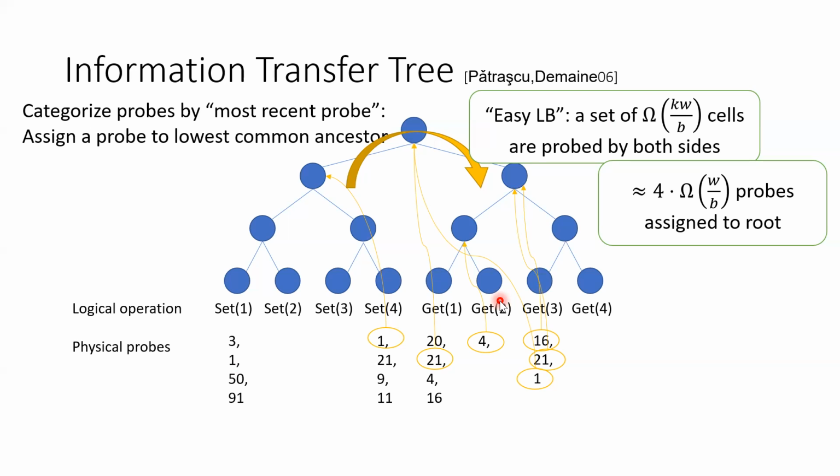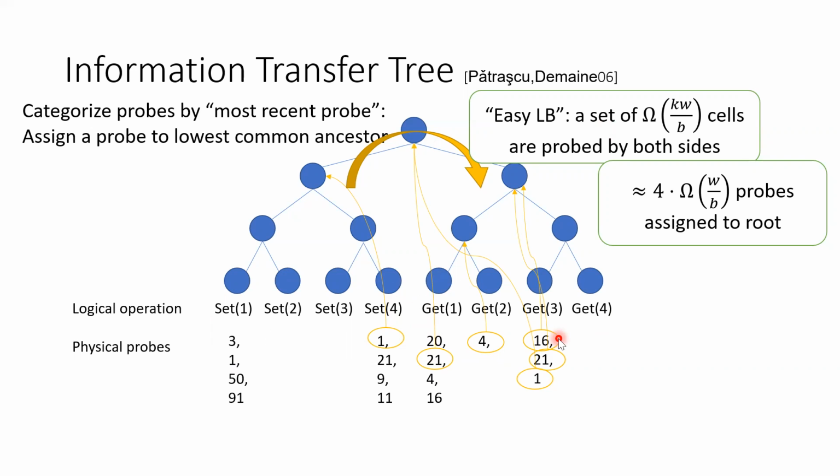So here we don't really look at the probes assigned to other nodes. We just look at the probes assigned to the root. And this number of assignments to the root has to be the same as the set size overlapped by the left side or right side, because they are by definition the same.